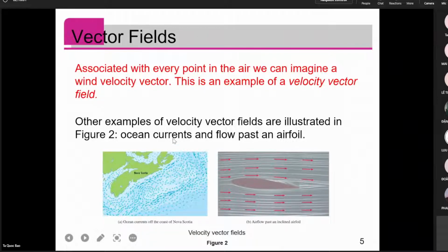All right. So now, a vector is associated with every point in the air. Therefore, we can imagine a wind velocity vector. So this is an example of a velocity vector field.